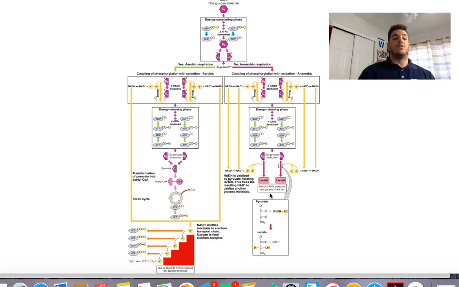Similarly, for lactic fermentation, 2 ATP molecules are produced for every 1 molecule of glucose that is used up in the process. So 4 ATP molecules are produced from the anaerobic breakdown of glucose, but the net gain of ATP is 2 because 2 ATP molecules are used in order to go through the anaerobic process.